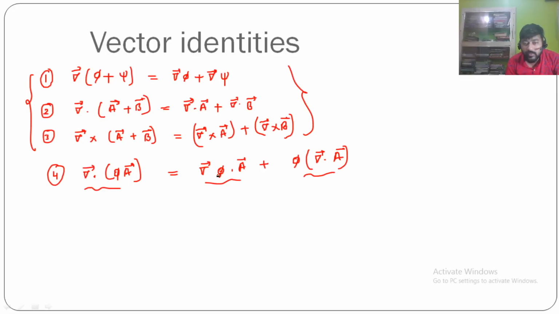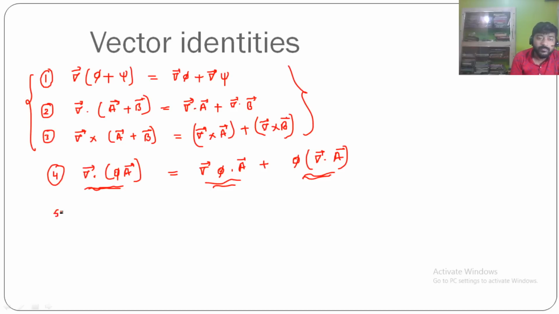Grad phi is itself a vector, so one possibility is that grad phi operates with a through dot product. Another possibility is the dot product between del operator and a, that is del dot a, and phi, being scalar, stays outside. Each and every part on the right-hand side will also be a scalar quantity, because the left-hand side is scalar. You can remember it in this way.